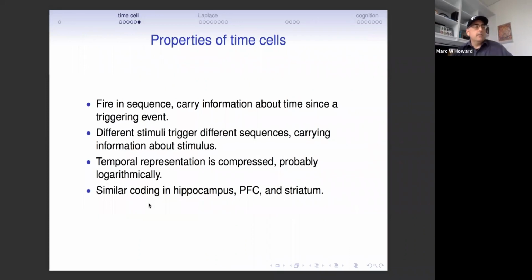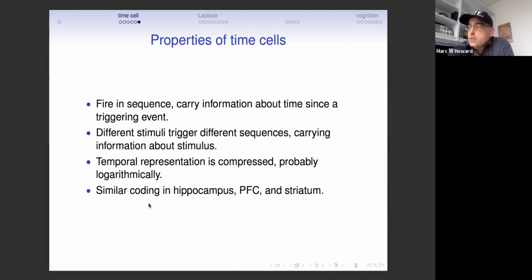So let me sum up what I told you about time cells just now, and then I'll tell you about some other stuff, which is also really cool. So time cells fire in sequence, and they carry information about the time since the event that triggered the sequence. We know that different stimuli trigger different sequences, carrying information about the stimulus.